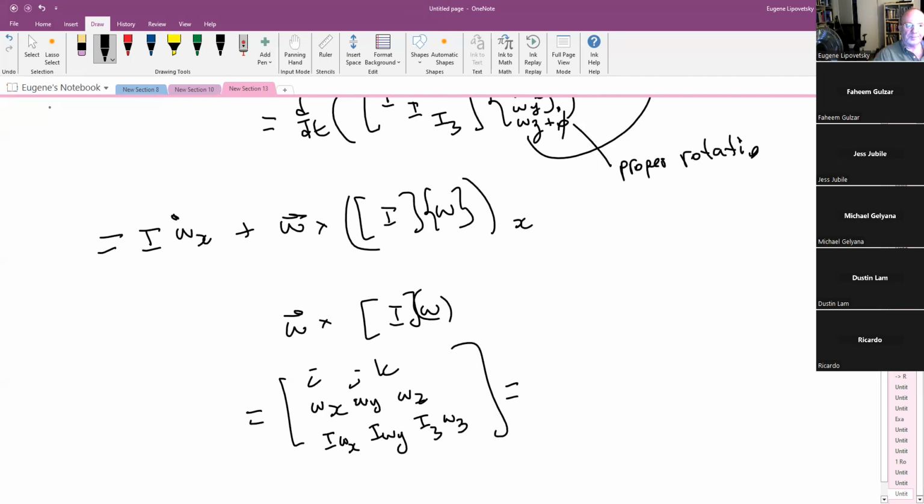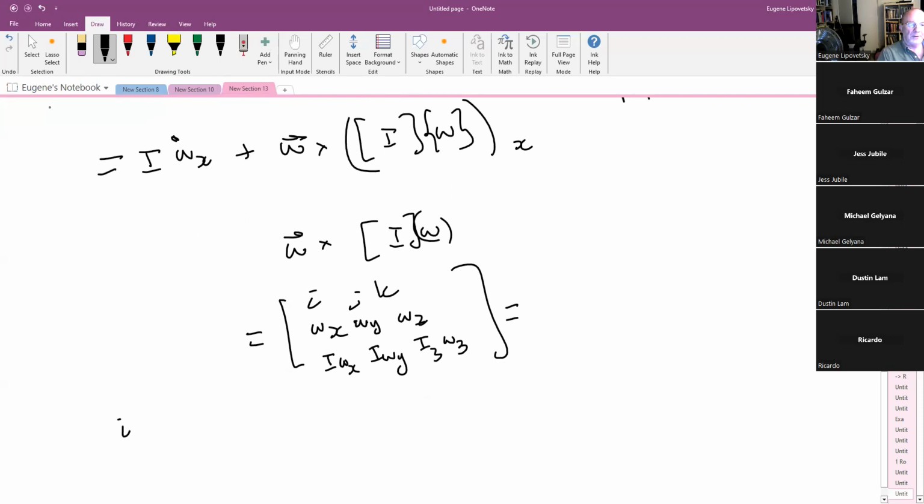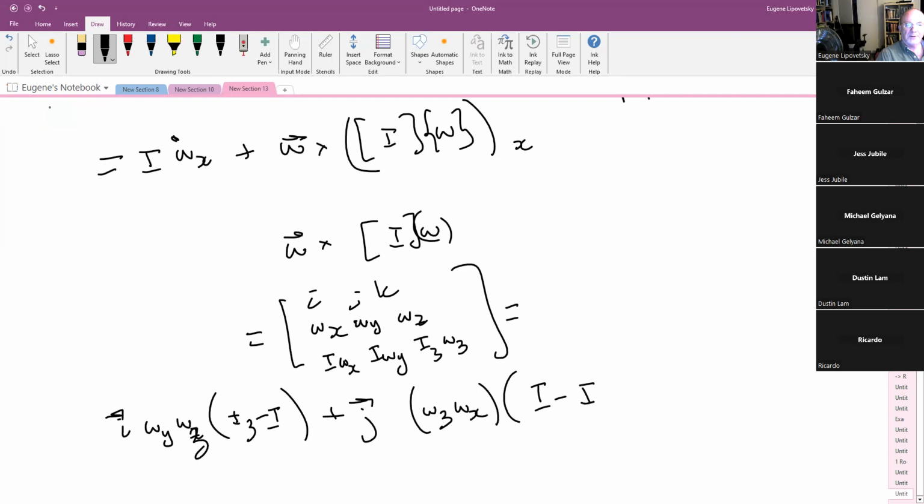So that will give us on the i-axis omega y, omega z times Iz minus I. Plus j will be omega z omega x times I minus Iz, right?